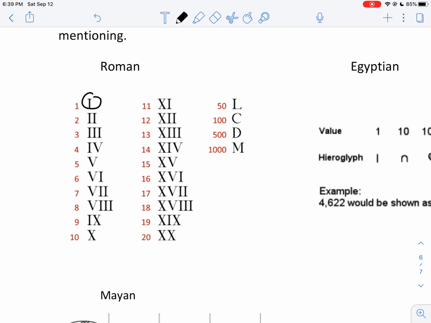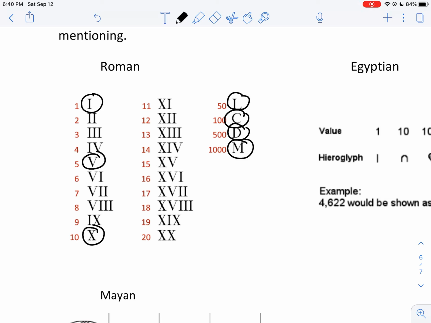I don't want to say too much about this, but a single hash mark stands for 1, so that's 2, that's 3. The single symbol values are what's important here: the 1s, the 5s, the 10s, the 50, 100, 500, and 1,000. So you have those 7 single digit values.